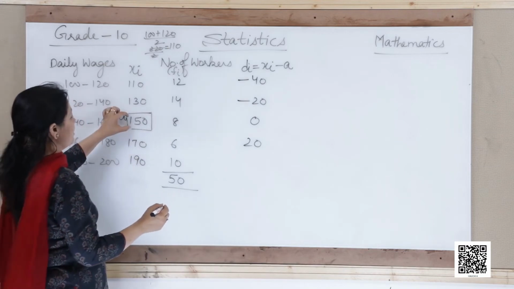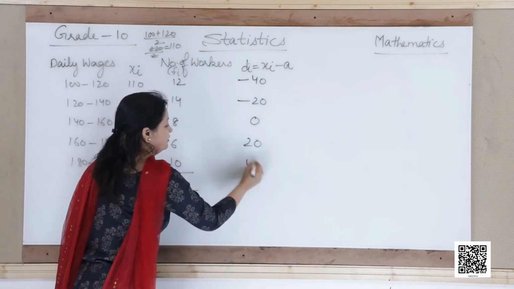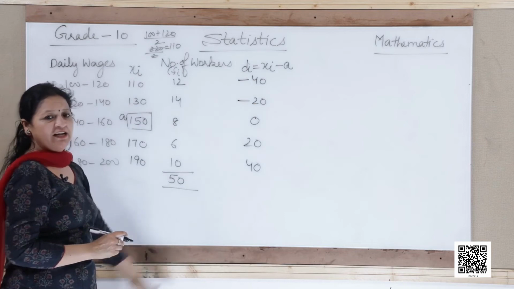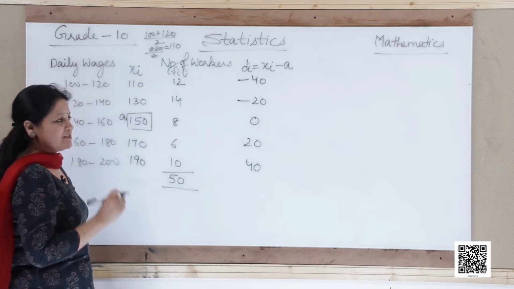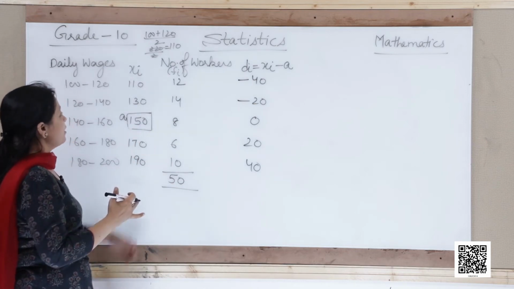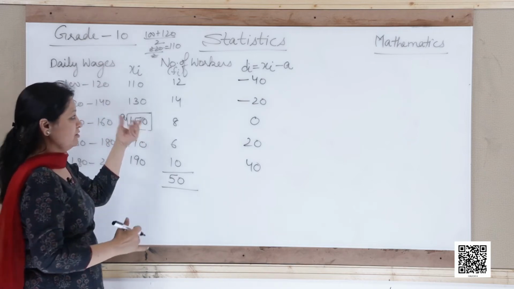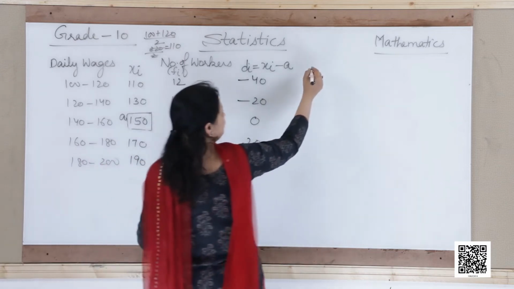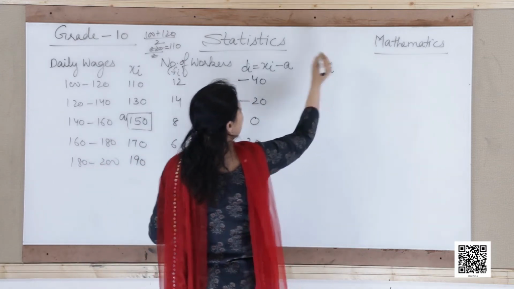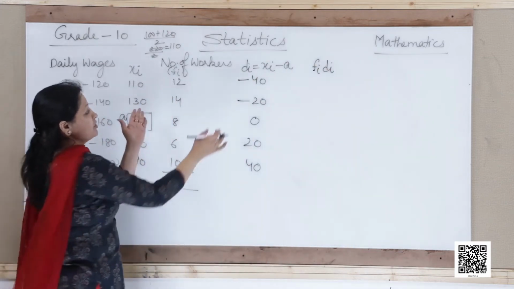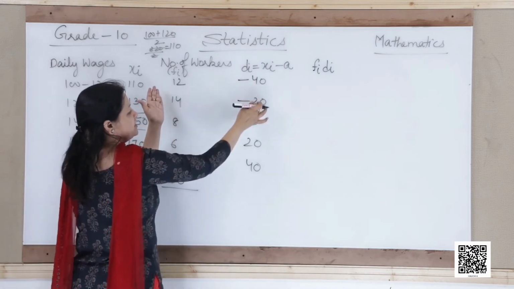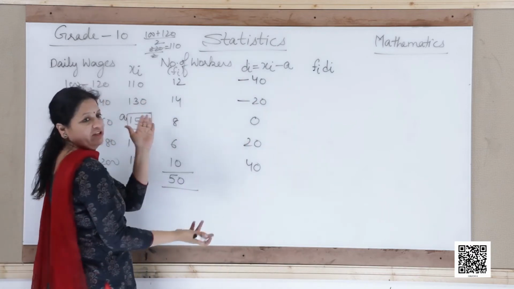And 190 minus 150, 40. We have got di, which is xi minus A, meaning from every number of xi we subtract the mean we have assumed. Now it will be easier to multiply if we find fi into di, because the calculation will be easier as only single numbers are there and a 0 with them.